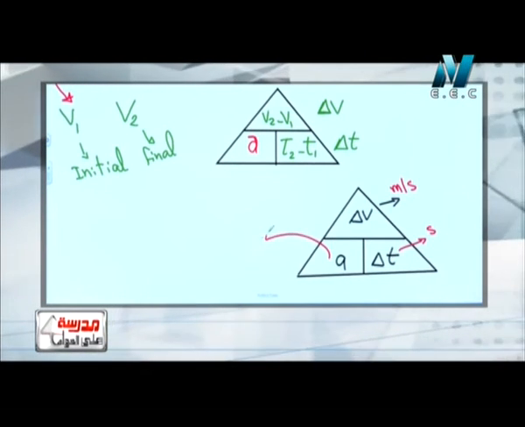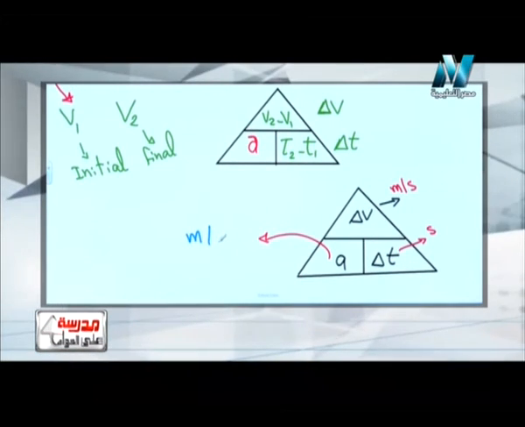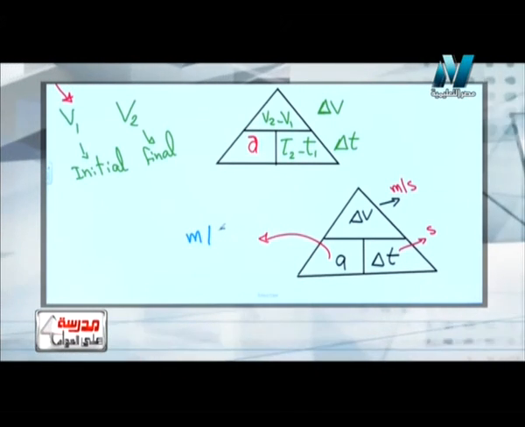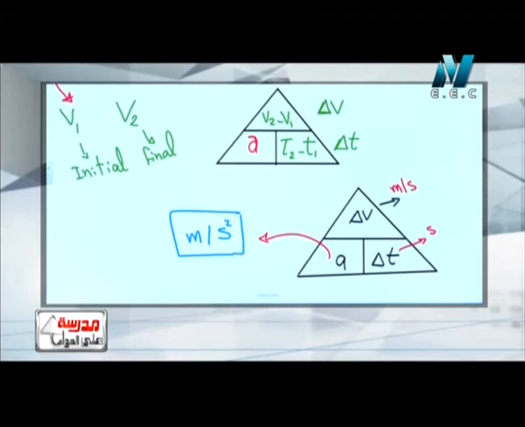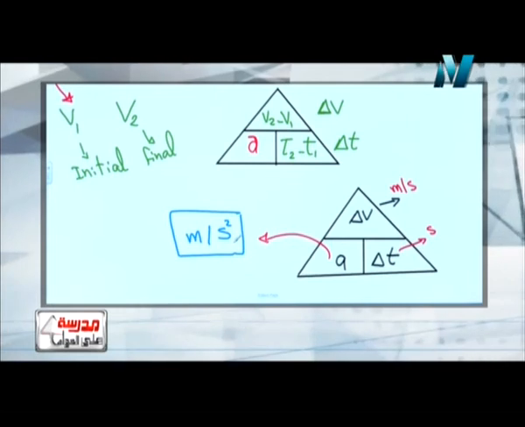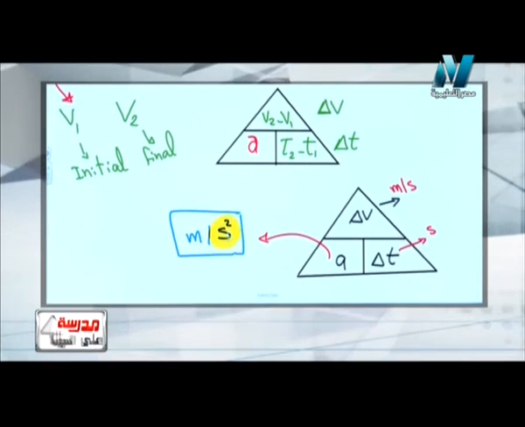So the measuring unit of acceleration is meter per second per second, which means meter per second power 2, or meter per second squared.